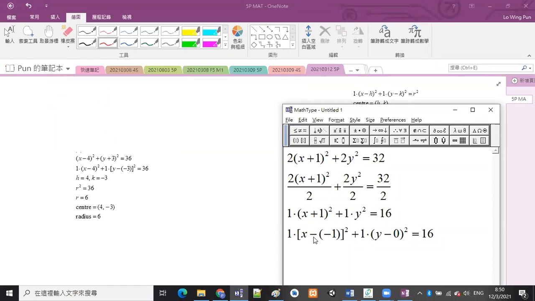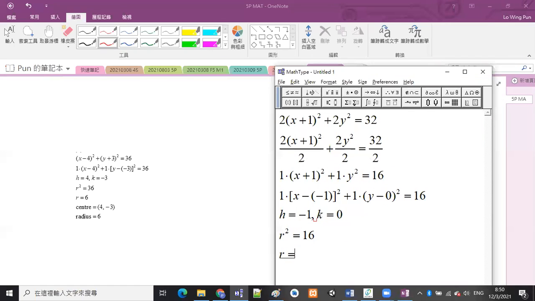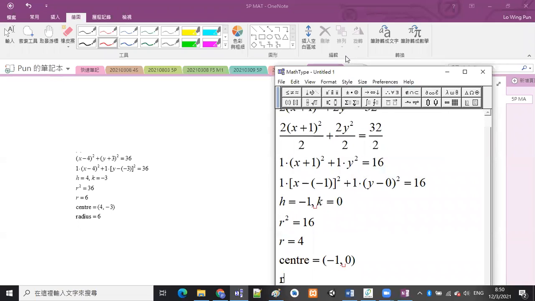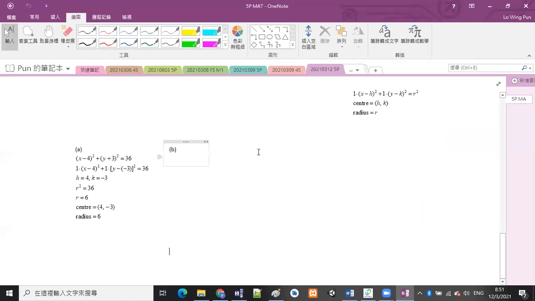So 1 times (x minus h) squared, plus 1 times (y minus k) squared, equals r squared. So our h value is equal to negative 1, and our k value is 0. And r squared is equal to 16. And then we take square roots on the r. So on the right-hand side becomes 4. Okay? Which means that the center is equal to (h, k). So that should be (negative 1, 0). And the radius is equal to 4. Okay? So that is the answer of part B.